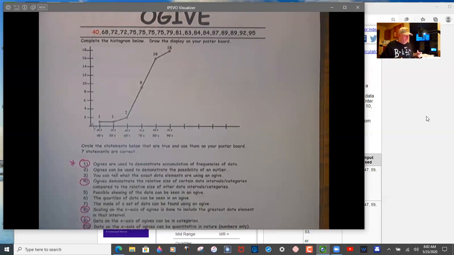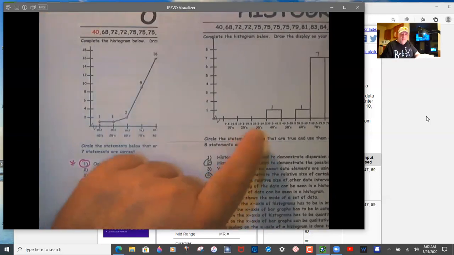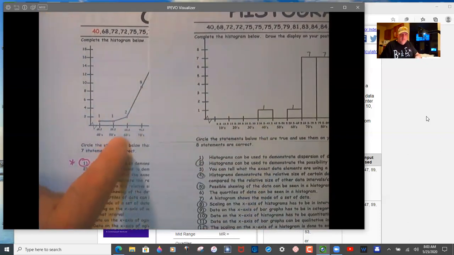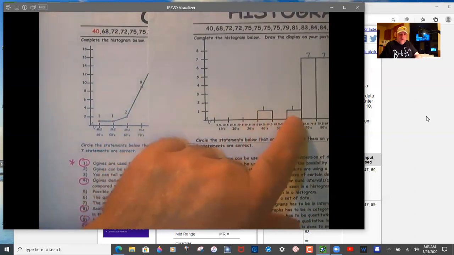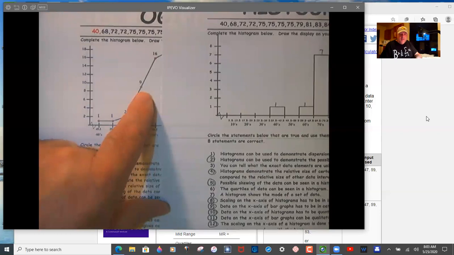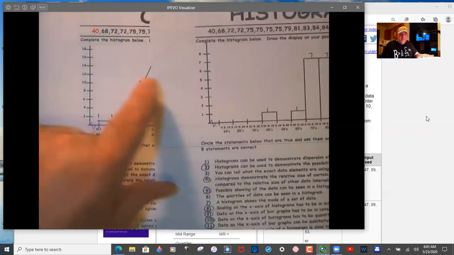So all this is doing, if we take the histogram back here, it's just, we have 1, and then 1, there's nothing in the 50s, and then there's 1 in the 60s, so you do 1 plus 1 is 2, and then 7 in the 70s, so after the 70s you have a total of 9, and then 9 plus 7 is 16.